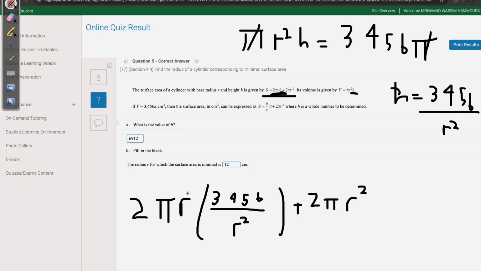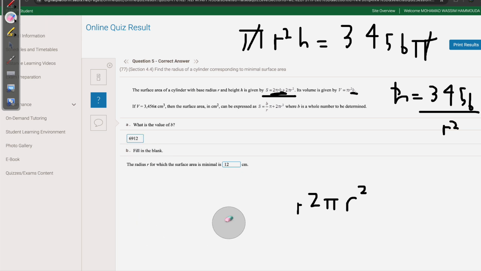Okay, this r cancels out and then this becomes r, and then we're gonna be left with 3456 times 2 pi, which will give us 6912 over r pi.